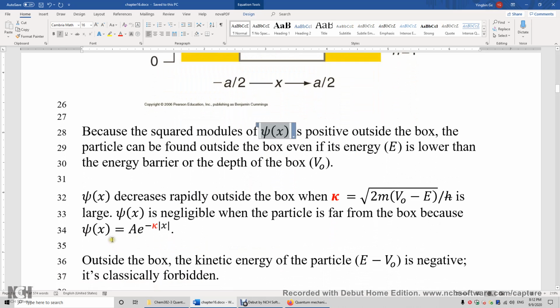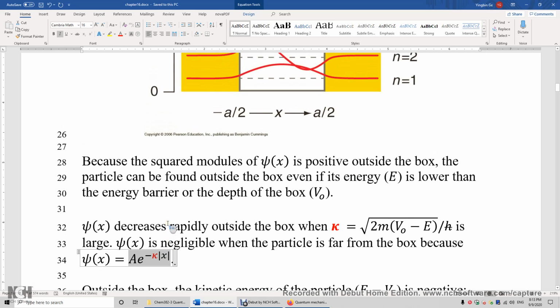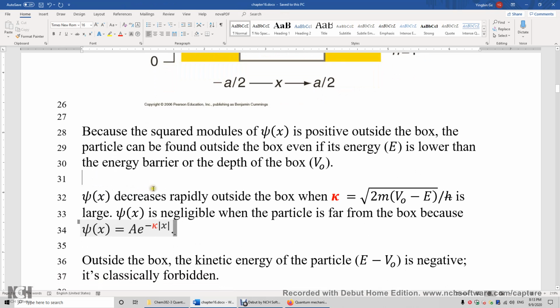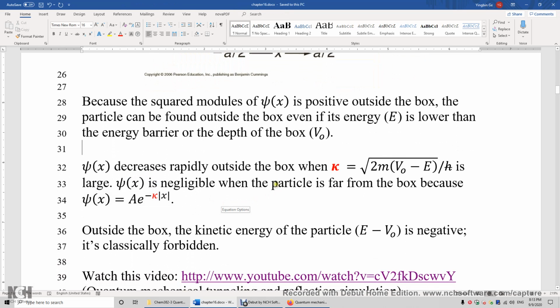Now let's look at the wave function again. It's A times e to the power of negative kappa x. Over here, this is the distance between the particle and the closest boundary of the box. So let's say the particle is right here. x is actually this. And then you can see if kappa is large, this exponential function decreases rapidly.